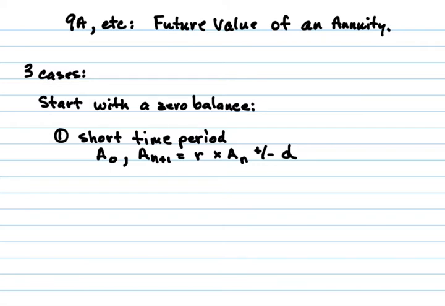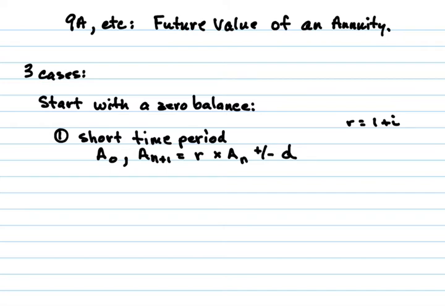We've done that 1,000 times, and in this case, because you're starting with 0, that's always going to be 0. A sub n plus 1 always means the next value, so the next value is equal to R, which remember we've used R before. R is simply 1 plus your I, and you can formulate your I depending on the amount of interest that you start with and how many compounding periods.